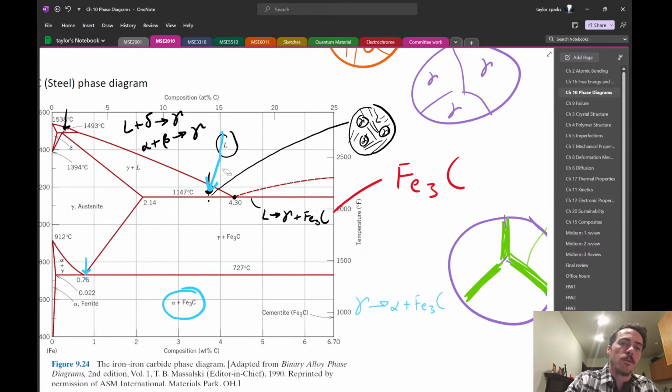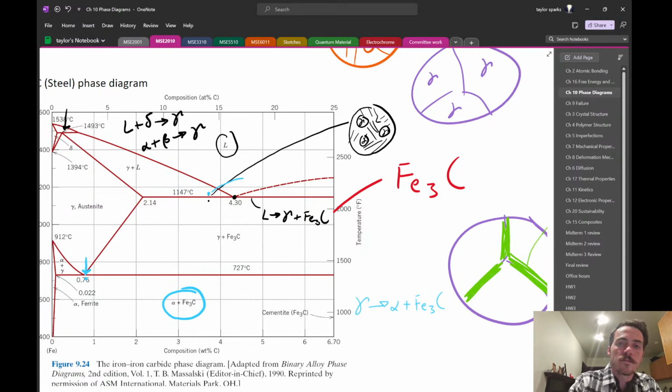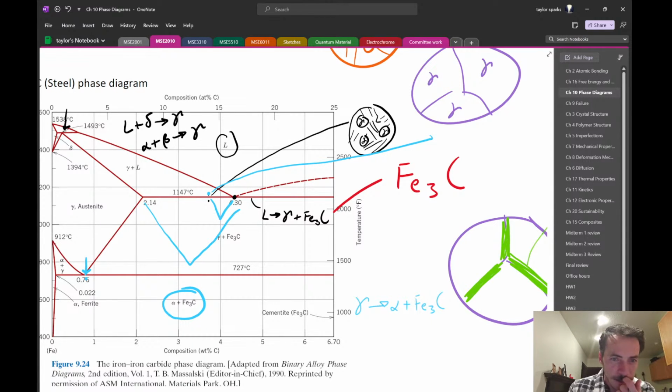So coming back to this example, at that point just above there, we get the fraction of the phases by taking the lever rule. So let's go ahead and do that. At this point, we're going to take this portion and divide it by the total portion. So that's going to be 4.3 minus, it looks like we're at, call it 3.75.